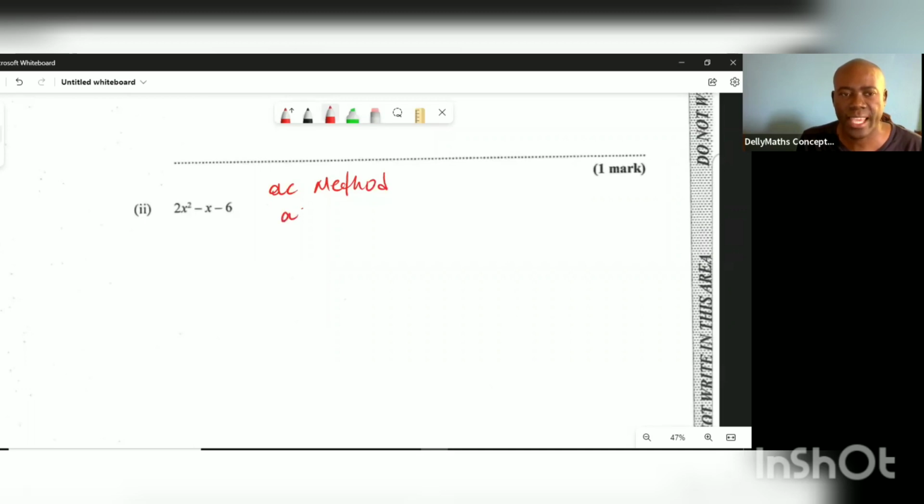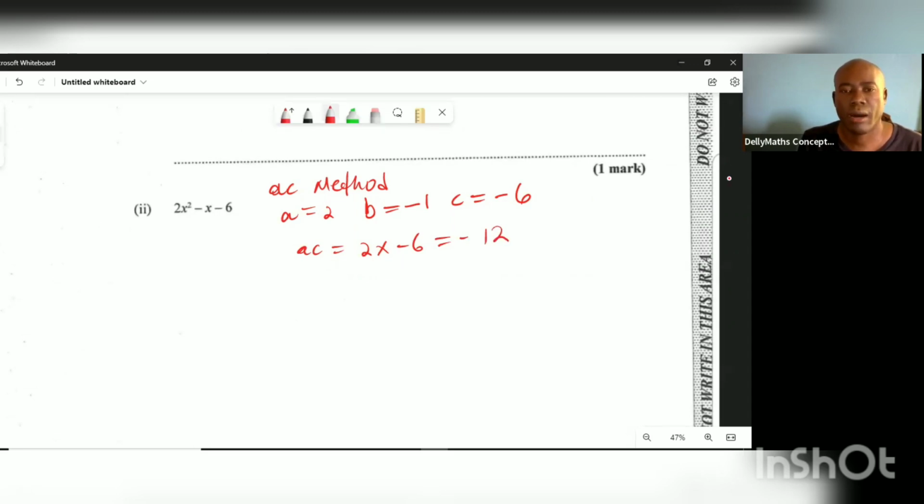A is the coefficient of x squared, which is 2. B is the coefficient of x, which is -1, and C is the constant term, -6. So AC is equal to 2 times -6, which is -12.